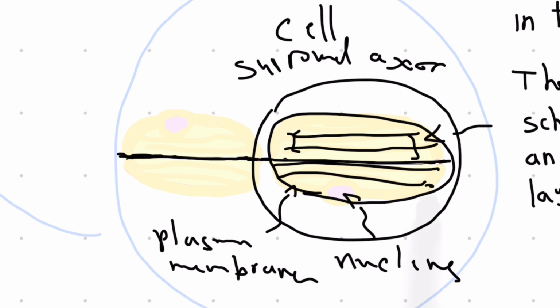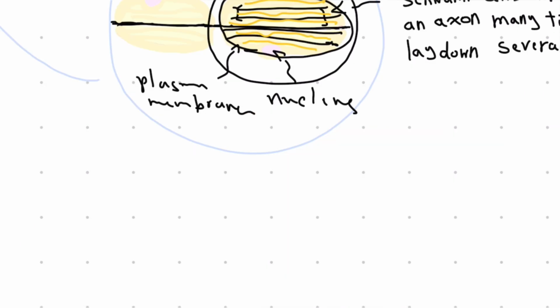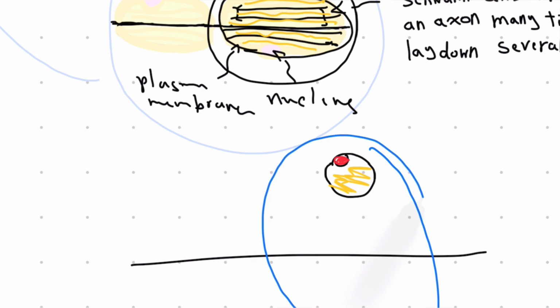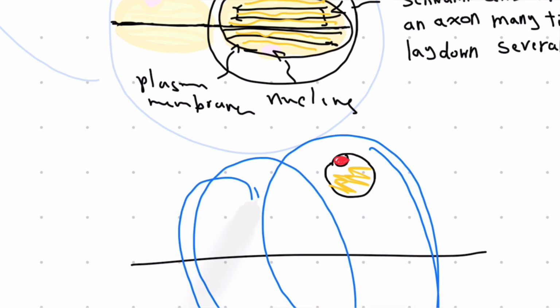Between these layers, we have our lipid substance called myelin. This is an axon. This is our cell, called a Schwann cell. This is the nucleus. This is the myelin. And what does it do? It wraps itself around the axon many times, and it forms layers of this plasma membrane. Between these layers is myelin.